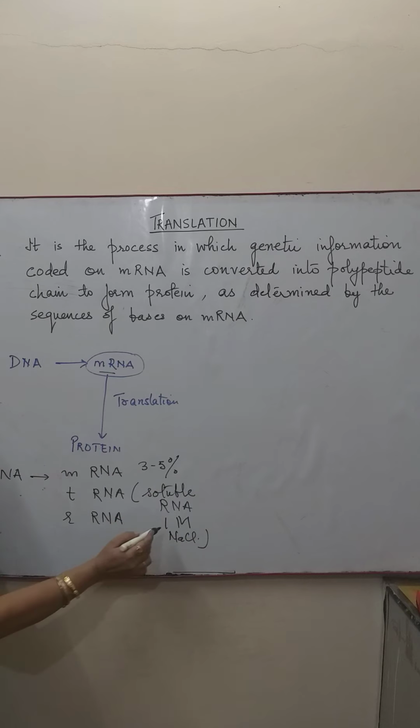So therefore it is known as soluble RNA. What is its function? Its function is to carry the amino acids during the protein synthesis as per the mRNA. And it is a single stranded structure and is looped to form a clover leaf shape.